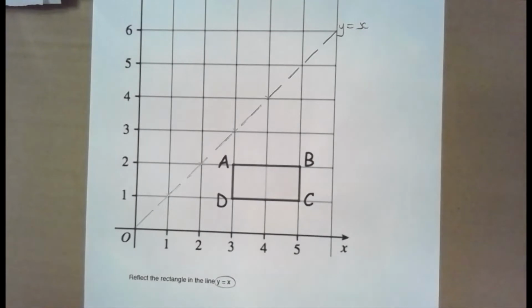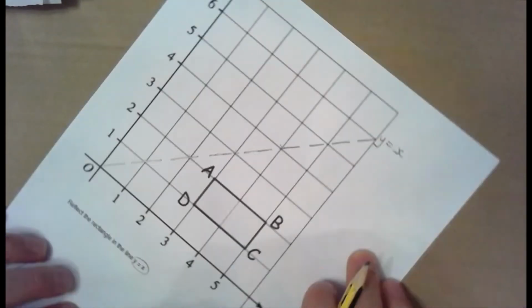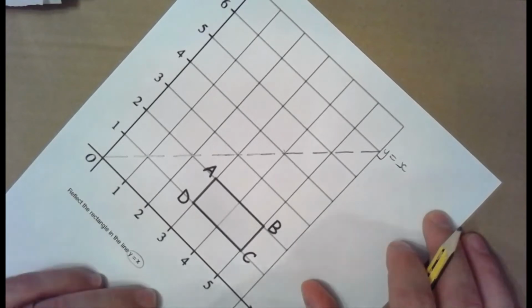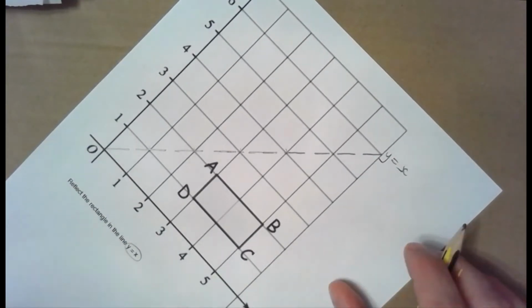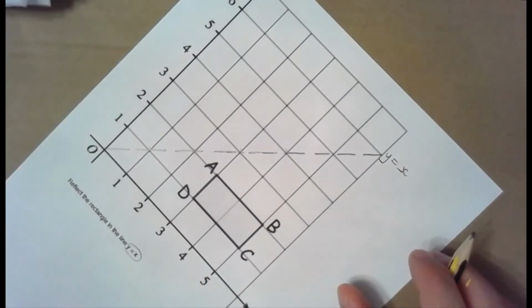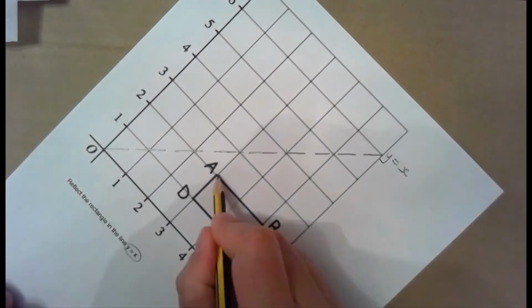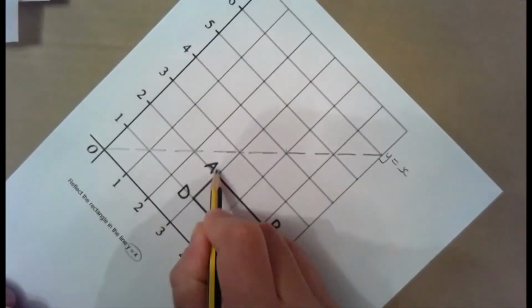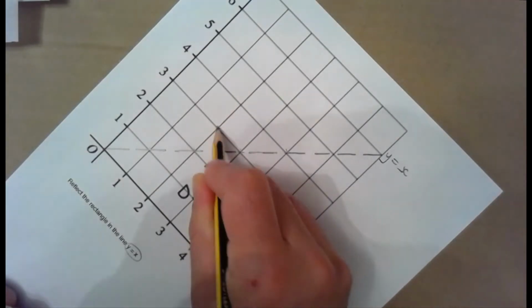With this we have to be careful because it's a diagonal line, so you can either do this, or we can use tracing paper as well. If I do it this way first, that's the point A, reflecting it over the mirror will take us half a diagonal square away here.